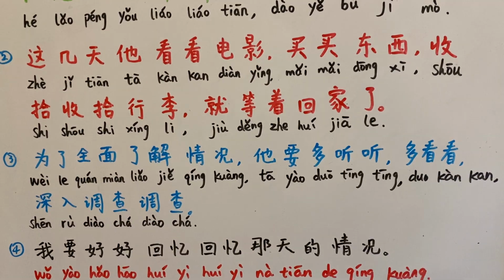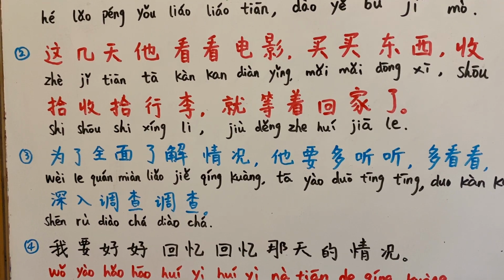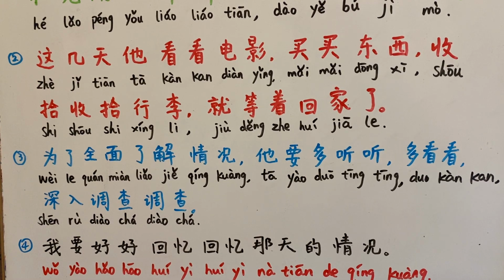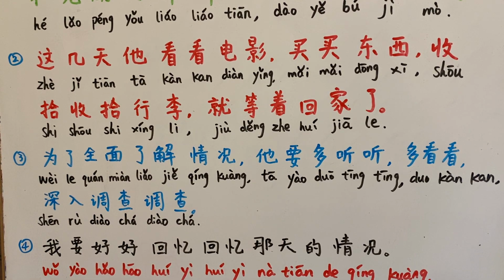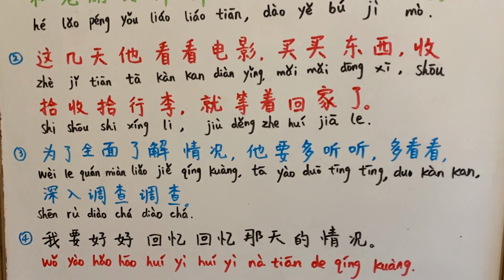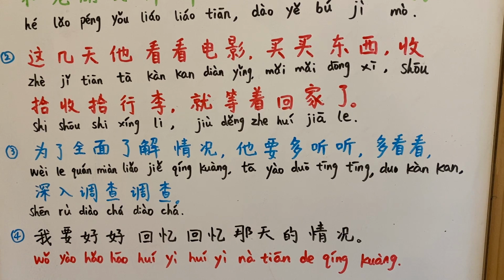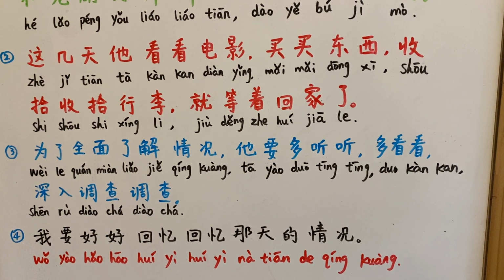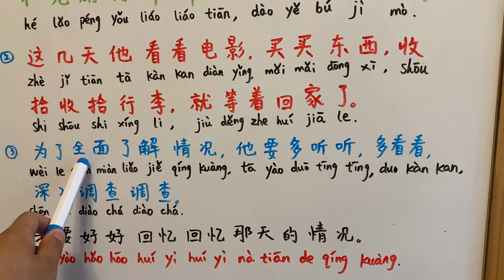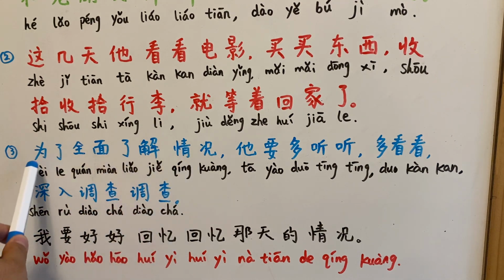So here we can adjust our camera to see the third and fourth sentences. As you can see here, I will move back my camera a bit. The third one, 为了全面了解情况. 为了 means for doing something, for, right?